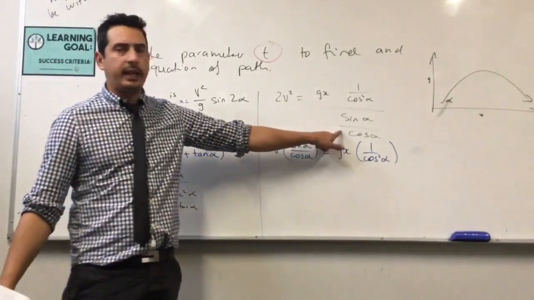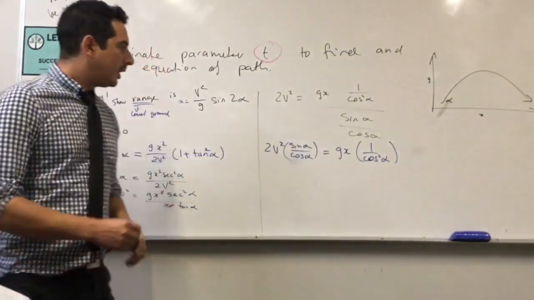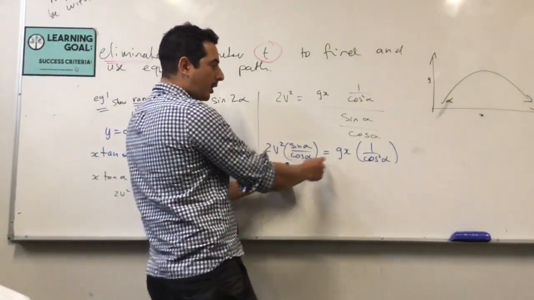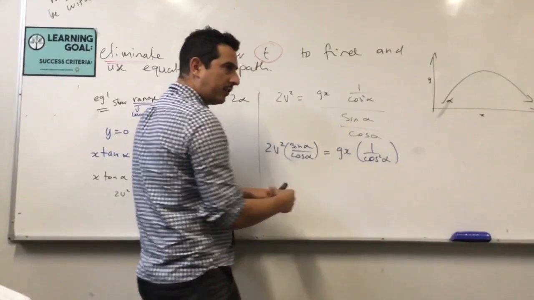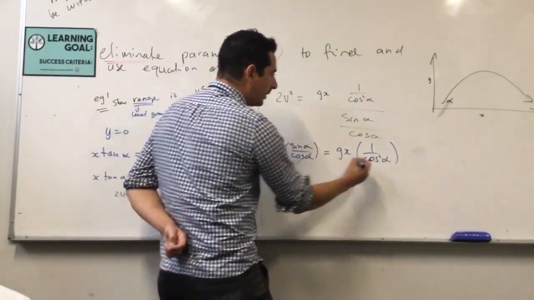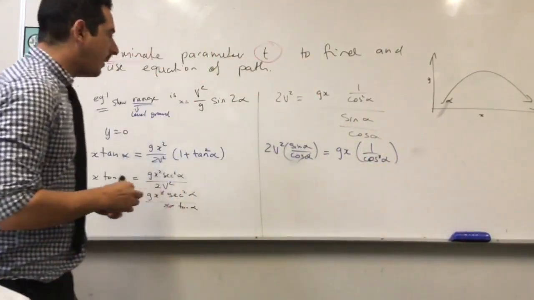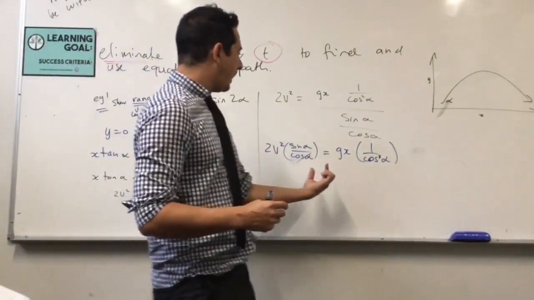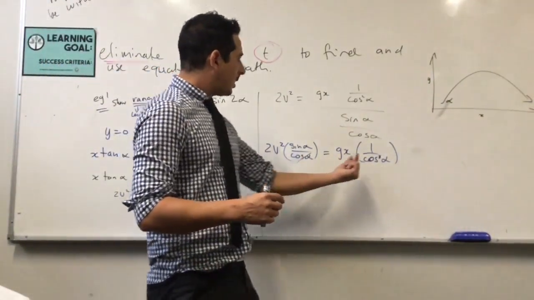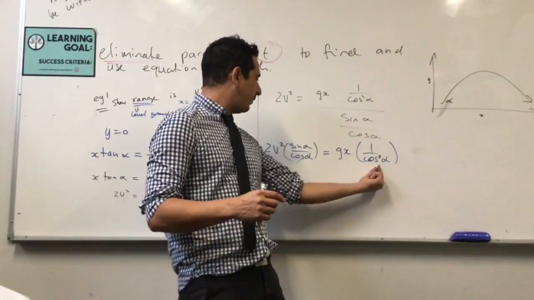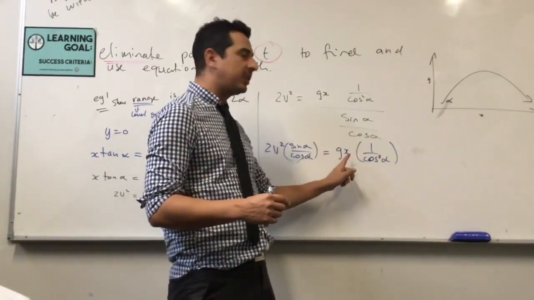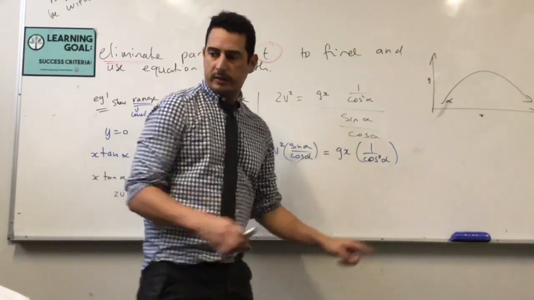See how that's tan here, just here. Alright? So if I multiply both sides by cos alpha, what happens to one of these cos alphas? It just becomes cos. That disappears, and that goes like that. And so what I'm going to do now is move this one cos alpha to this side, and I'm almost left with something in terms of x, aren't I?